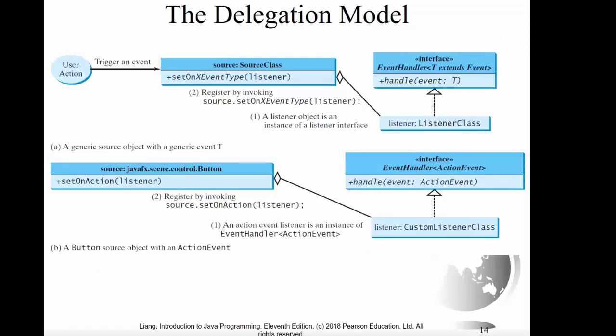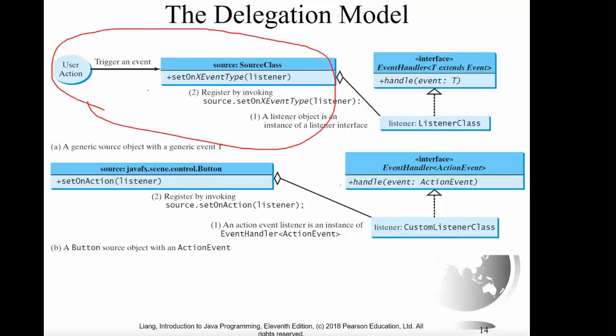How do they all work? You have an event source. What is my event source? It could be a button, it could be a checkbox, it could be a list, it could be a panel, it could be whatever node or control that can fire an event. You register the event listener. It could be a mouse event listener, it could be a key event listener, it could be an action event listener.